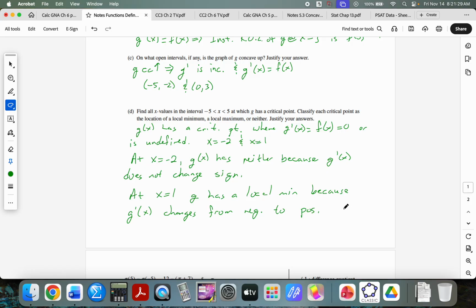And if you want to go on from there, that is sufficient. But you could also say, thus, g changes from decreasing to increasing.